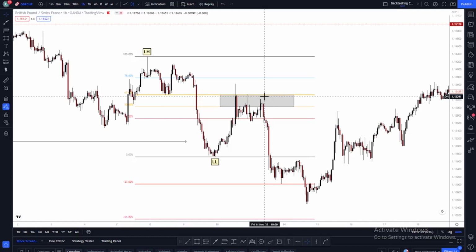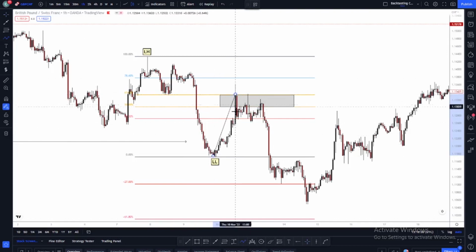I wait for a chart pattern to occur. I'm waiting for a double top or a triple top chart pattern to happen. Looking at that zone, do we get any chart pattern from there? Yes. You can call it a triple top or a double top chart pattern.